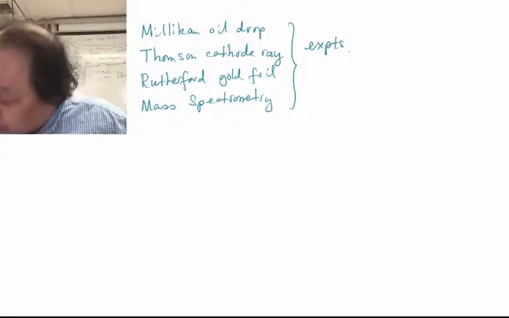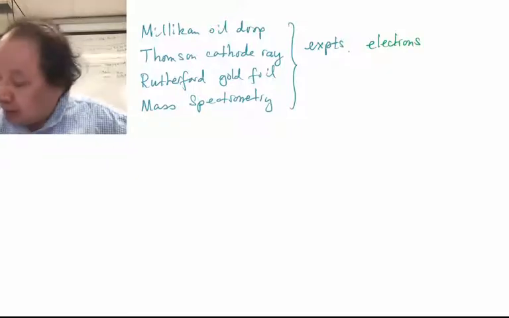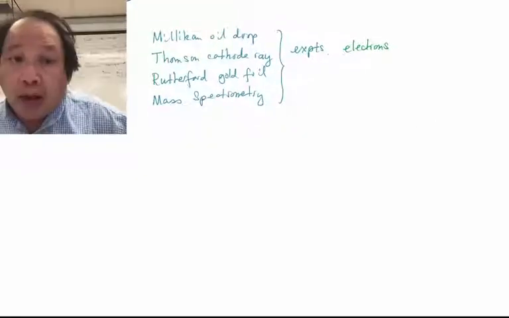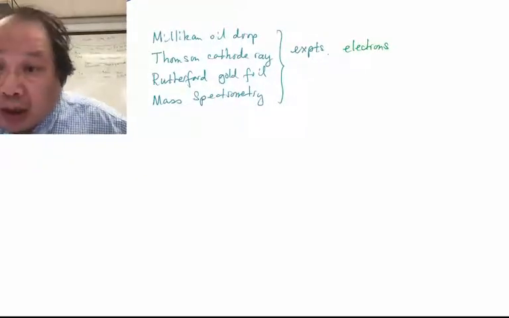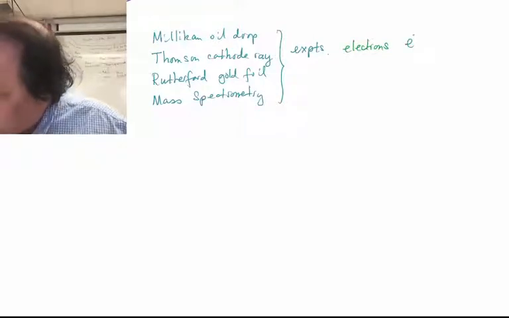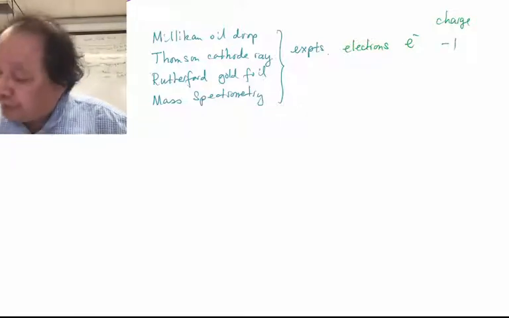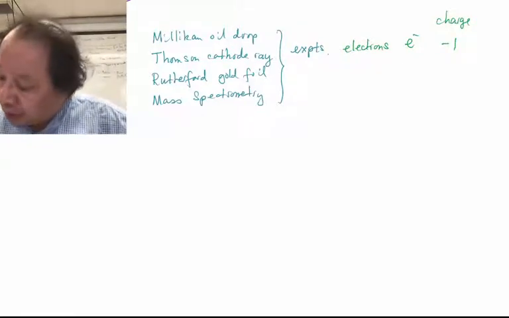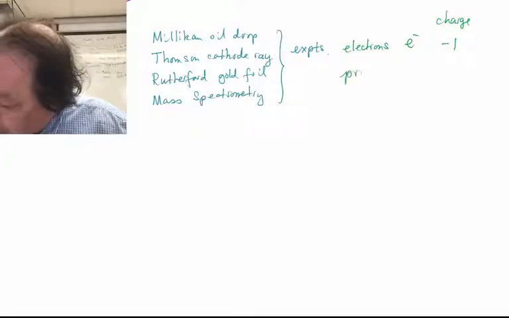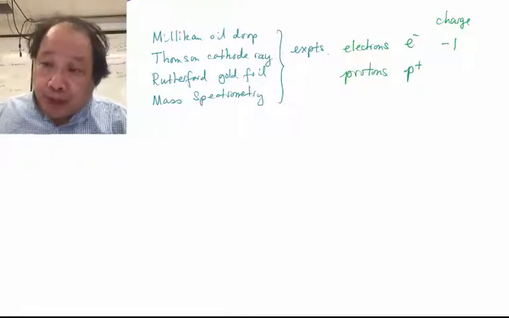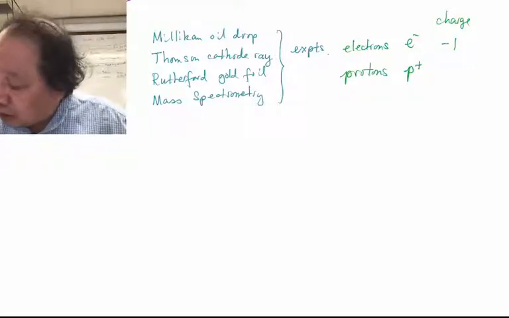There are the electrons, abbreviated e minus. Their charge is -1. There are the protons, abbreviated p plus. Their charge is +1.